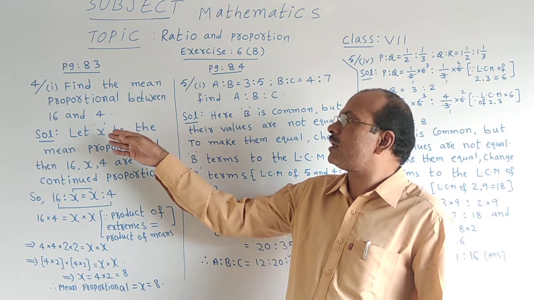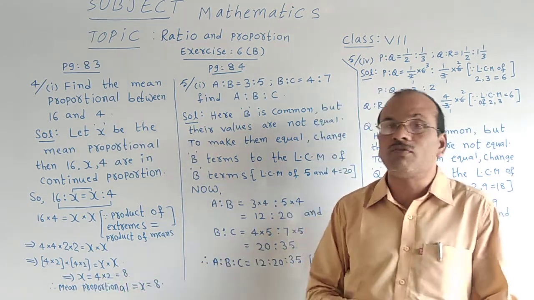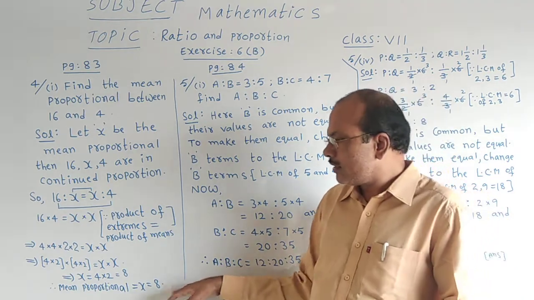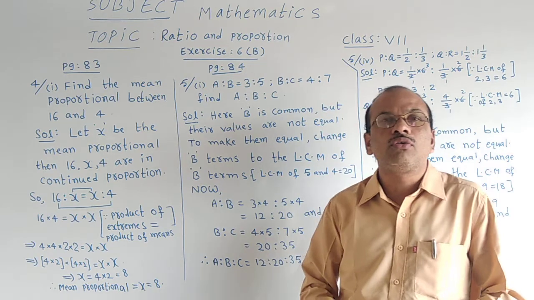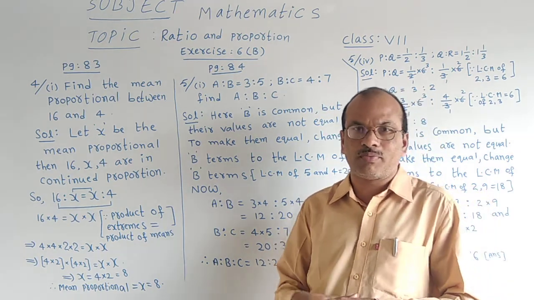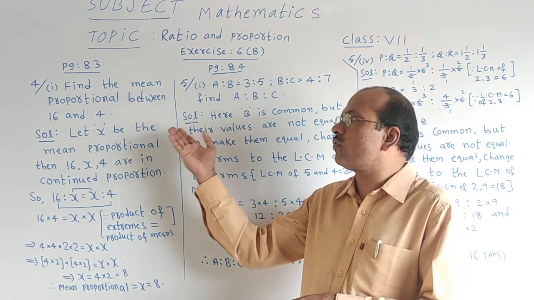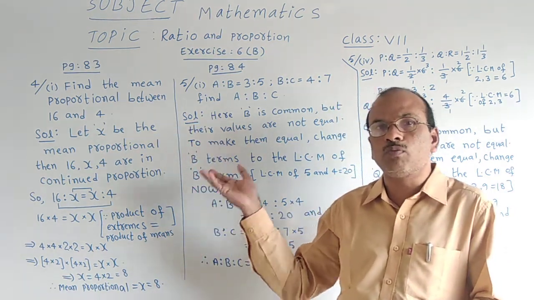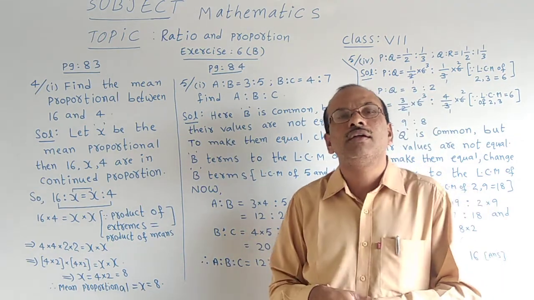The x we thought is mean proportional. Therefore mean proportional we thought as x. The answer is 8 we got. This is the procedure we can use to find the mean proportional. Mean proportional is middle of the given numbers. So that is 16 and 4 given. Middle of both of them, x we have placed. That only we got as 8.